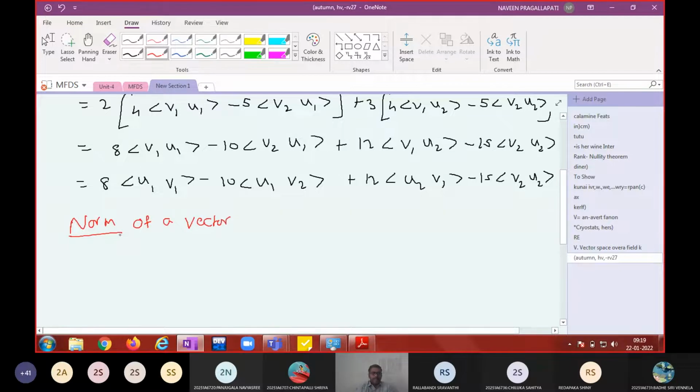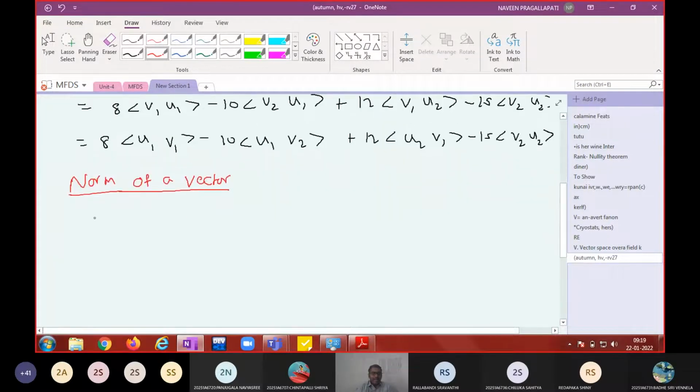If you have an element U of V, then the norm of U is defined as the square root of the inner product of U comma U. So this is something like the magnitude of the vector.